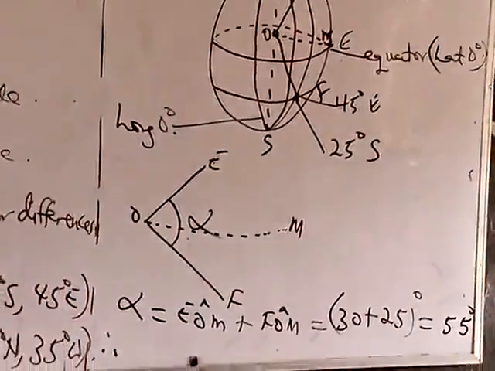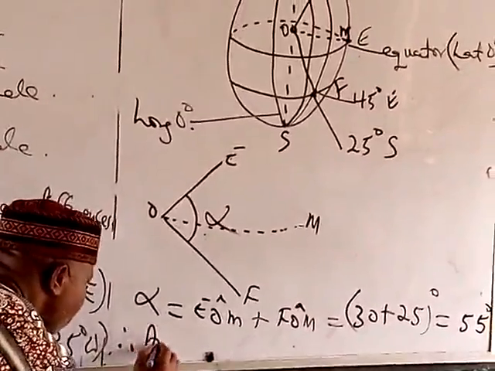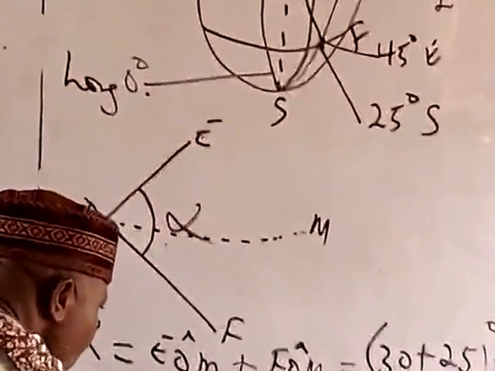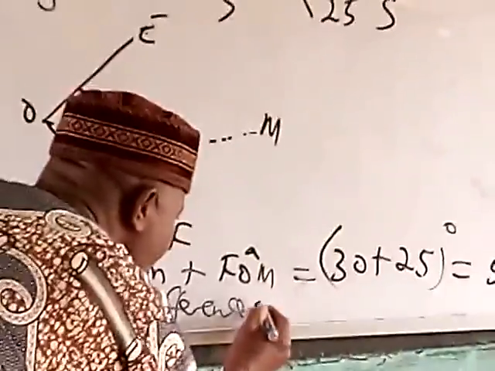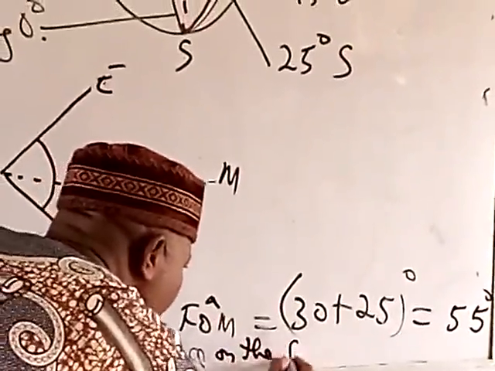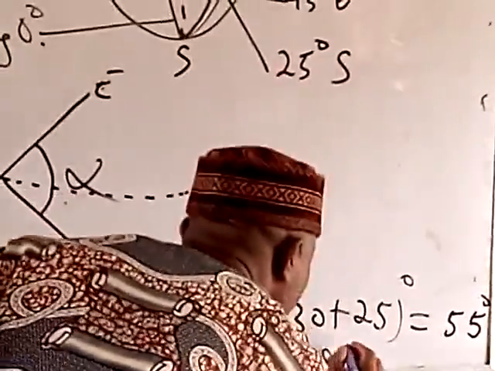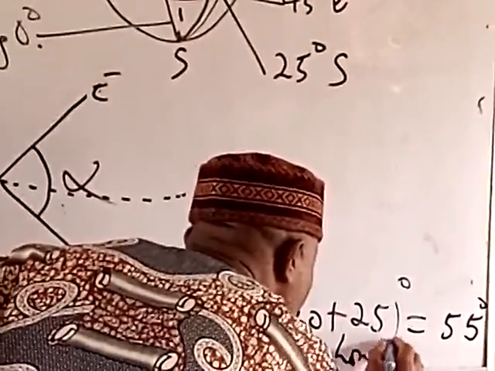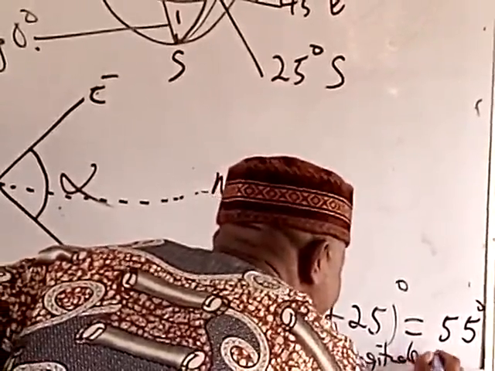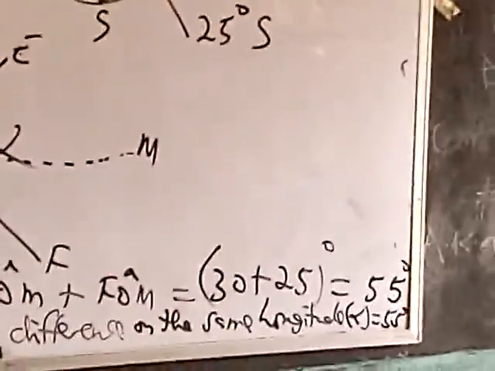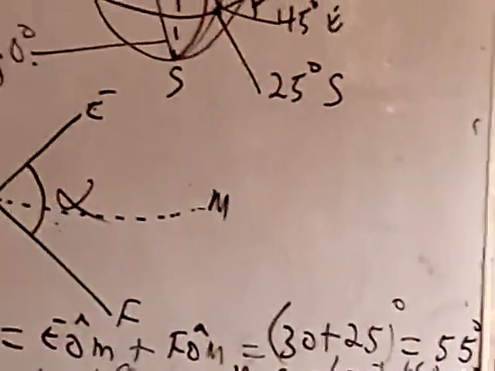Therefore, angular difference on the same longitude, which is alpha, is equal to 55 degrees. Do this as an assignment.